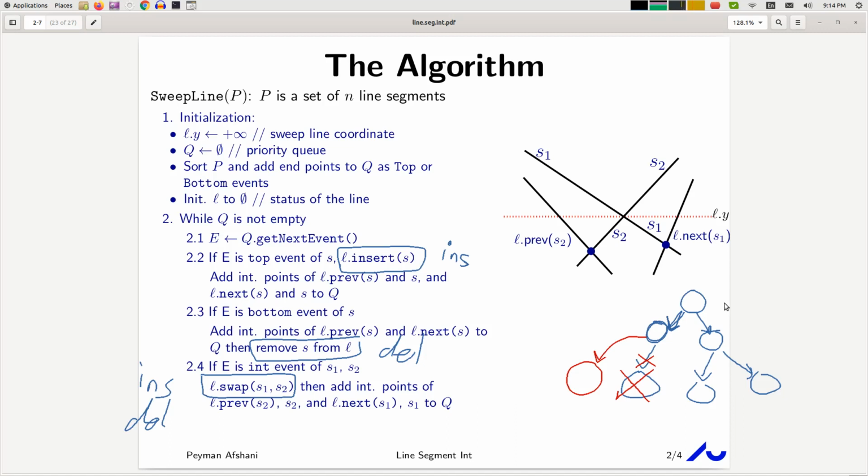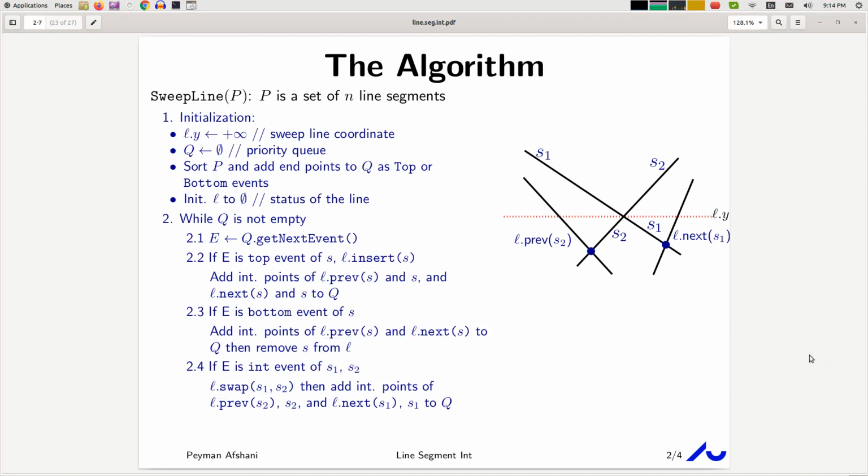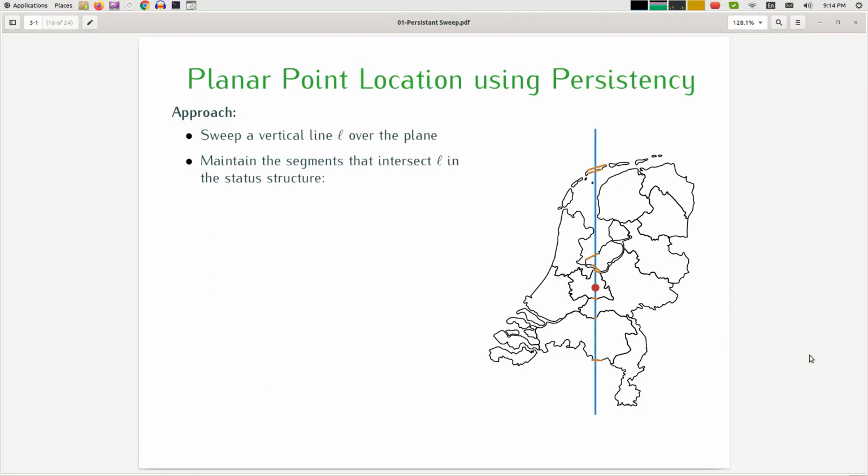It's not 100% for free, but I'm going to explain what it means. If I want to look at the updated blue tree, I could also get this piece of the blue plus this red, and so on. As more updates come, I could essentially get every single version of this tree in the past. Okay. So how can we use this?